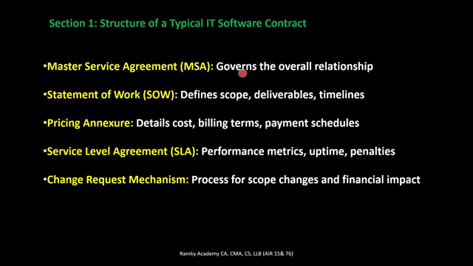Under the MSA, the key phrases and clauses of the contract will be included, and under the SOW, statement of work, there will be a specific SOW for each project. The SOW mainly defines the scope, deliverables, and timelines. But all the remaining common clauses will be included under the MSA, which you have to refer to for each SOW.